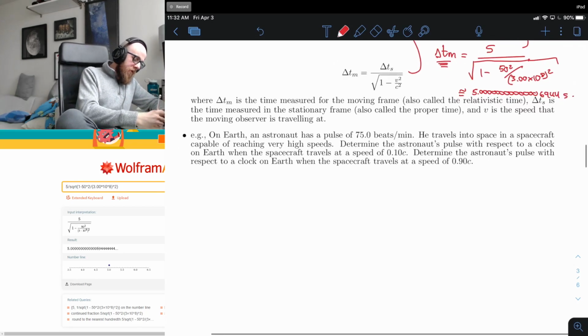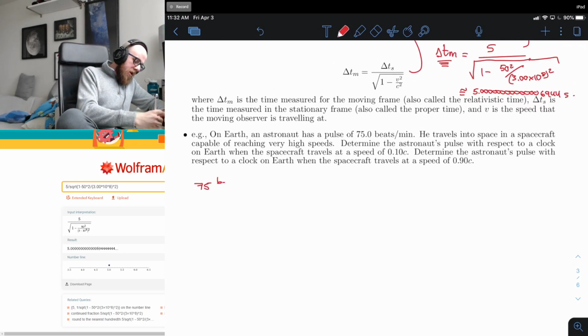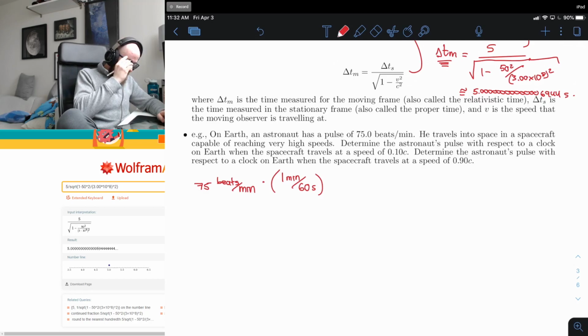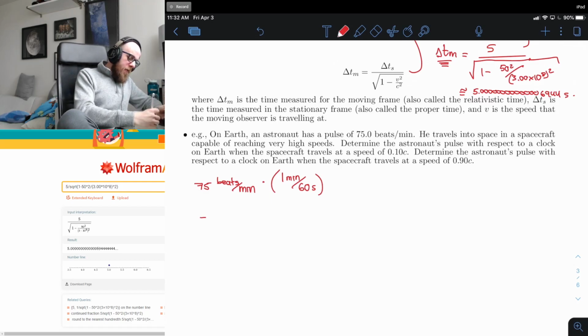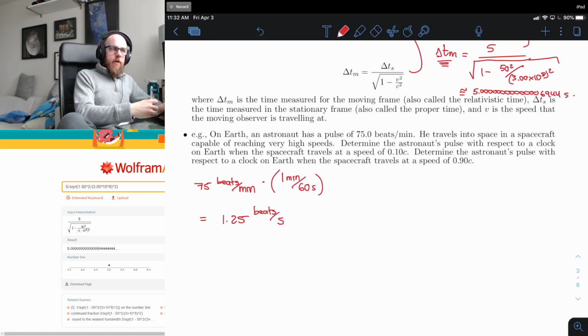Okay, so if it's 75 beats per minute, if we multiply that by 1 minute per 60 seconds, we would get a beat every 75 over 60. We would get 1.25 beats per second. And that's kind of a frequency, right?